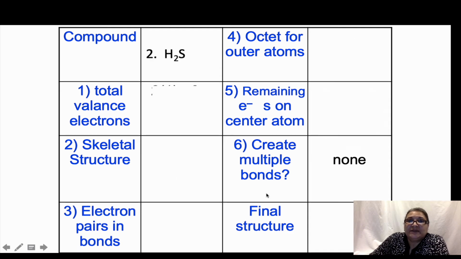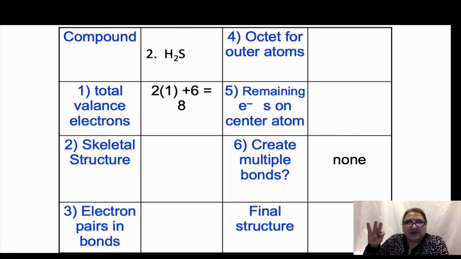Okay, let's do one more. H2S. The hydrogen is 1, but we have 2 of them, so we multiply by 2. Sulfur is 6A. It's a good idea to have your periodic table. I added the periodic table on top on one of the slides, but I think I added it to the wrong one.